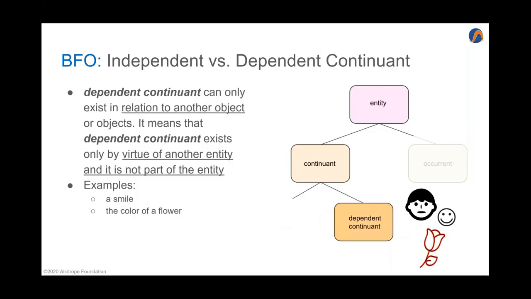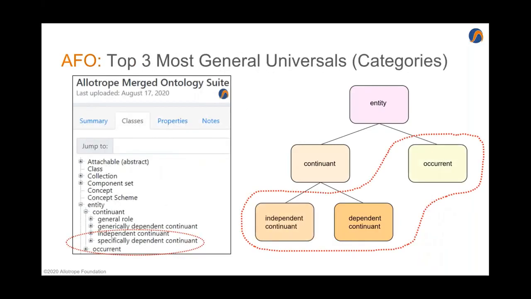It means that a dependent continuant exists by virtue of another entity, and it is not part of the entity, such as the color of a flower or a smile. And if we now look at the AFO, we see those three top categories. We see the entity, continuant, divided into independent continuant and dependent continuant, and occurrent.